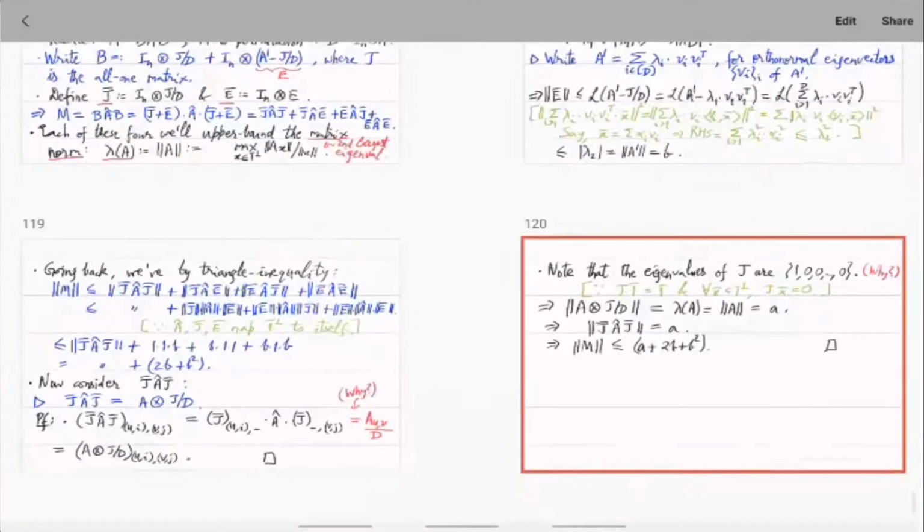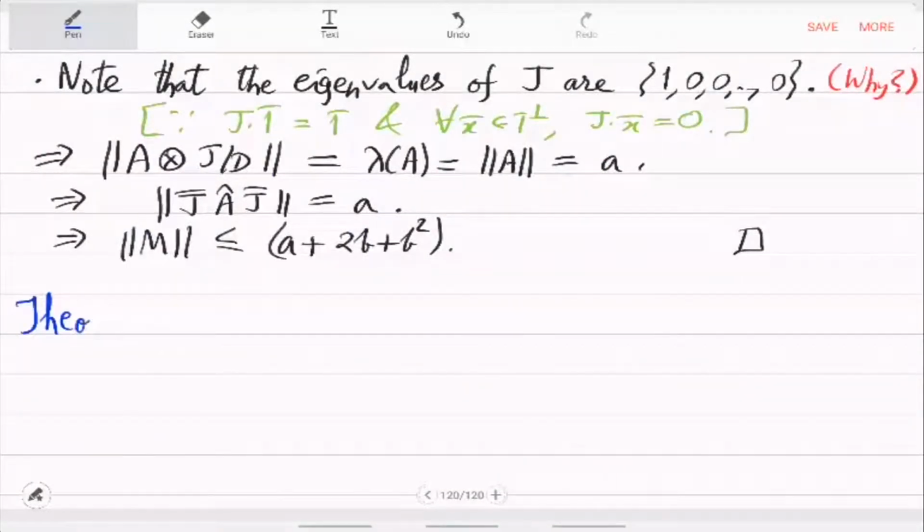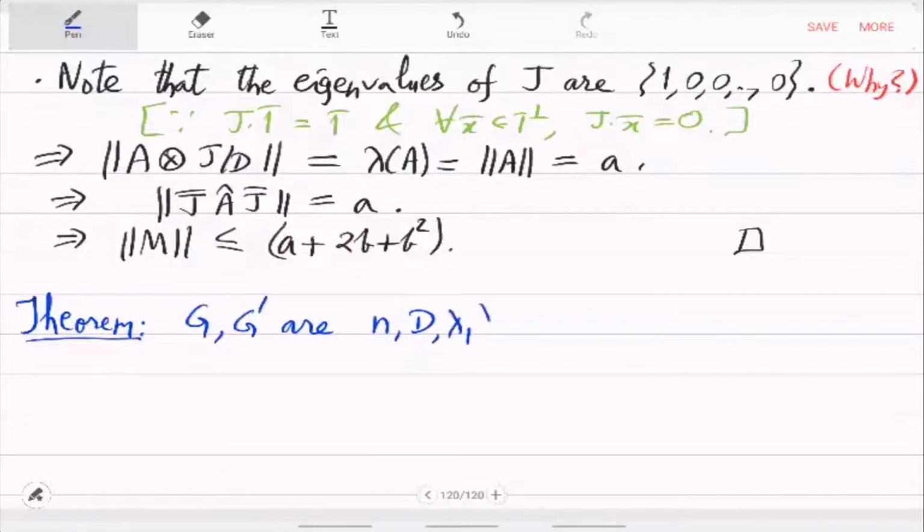So, let us write that down in terms of algebraic expansion. So, G prime are n big D lambda 1 and big D small d lambda 2 expanders.